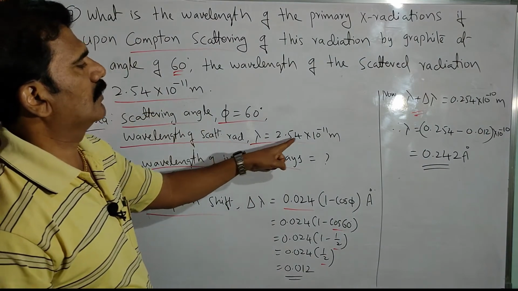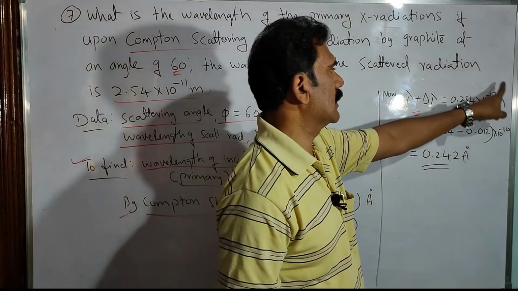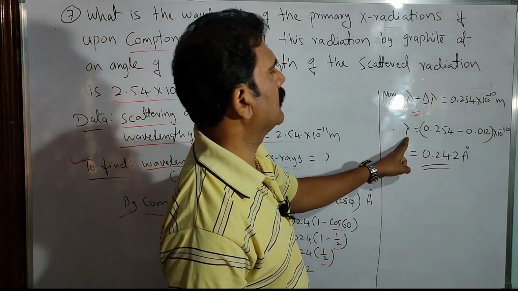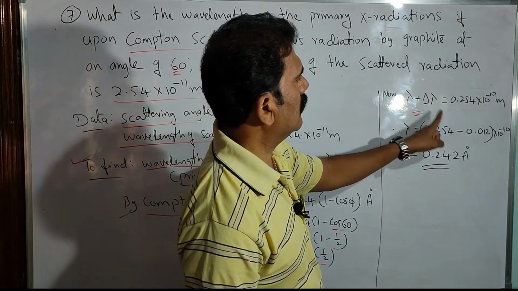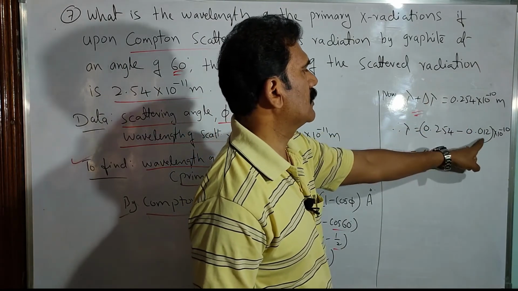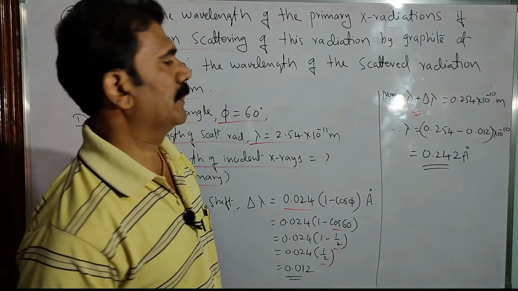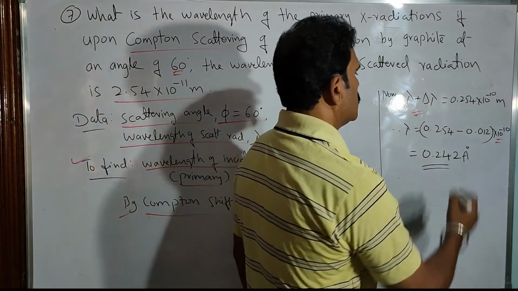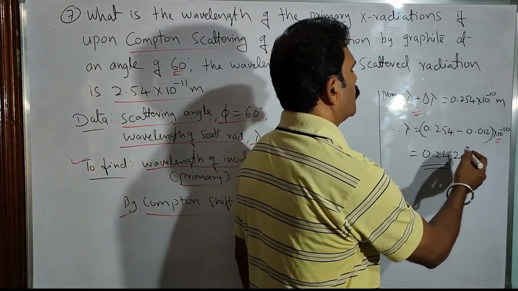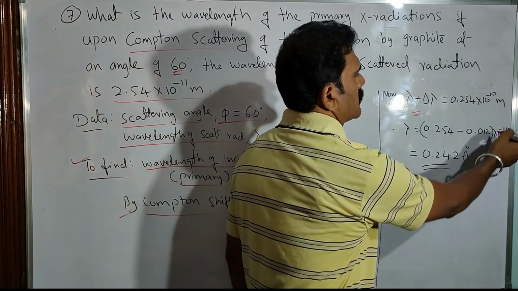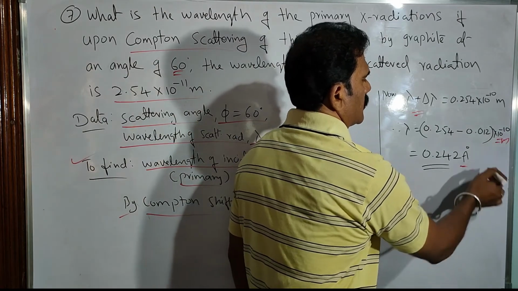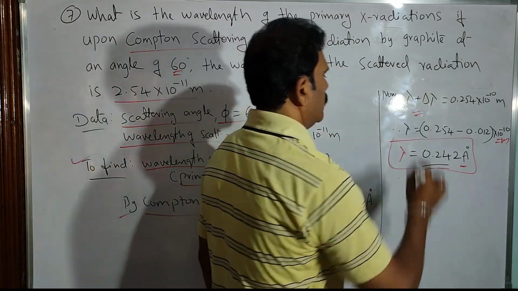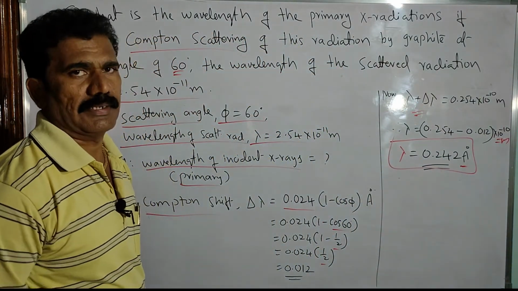So 2.54 into 10 to the power minus 11, you take it as 0.254 into 10 to the power minus 10 meter, angstrom unit. Now substitute to find the initial wavelength lambda: 0.254 minus delta lambda, which is 0.012, with 10 to the power minus 10 as the common factor. So the difference is 0.242 into 10 to the power minus 10 meter, that means angstrom unit. This is the primary wavelength of the incident X-rays on Compton scattering.